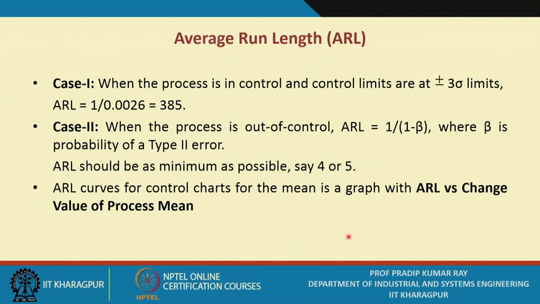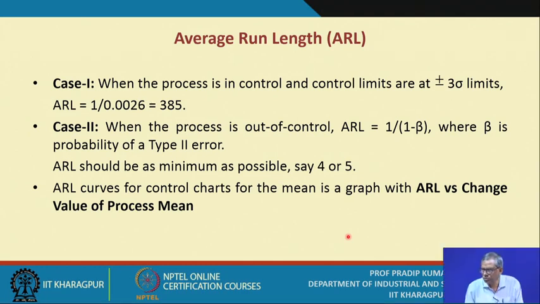Now, you always come across 2 situations as far as the process condition is concerned. The first is case 1, when the process is in control and control limits are at plus minus 3 sigma limits. This is a very common occurrence. So what is the value of ARL?